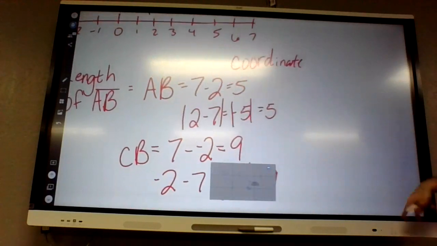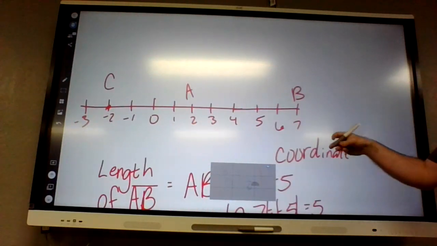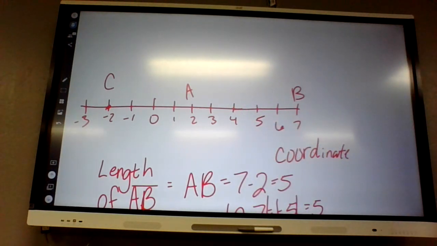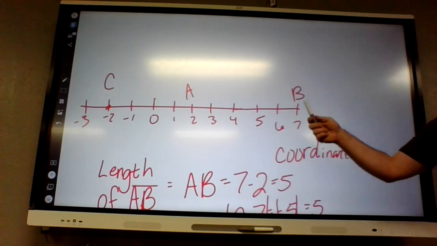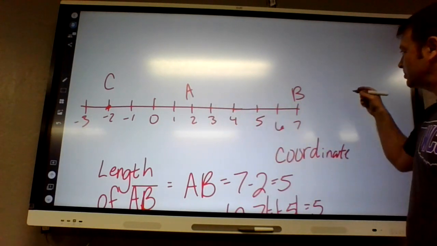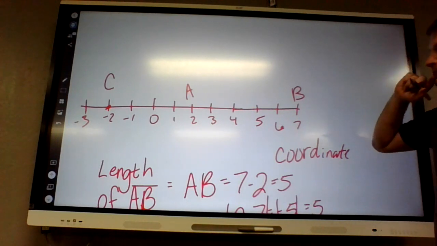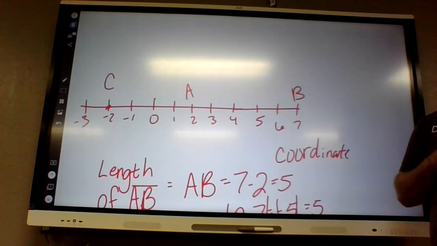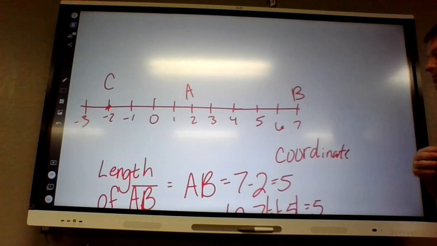Alright, so yeah, midpoint is what you might guess. So how could I find the midpoint of AB up here? Like where would it be? How could I find the midpoint of AB on this number line? You would divide the length by 2.